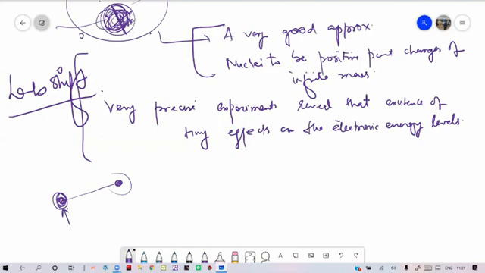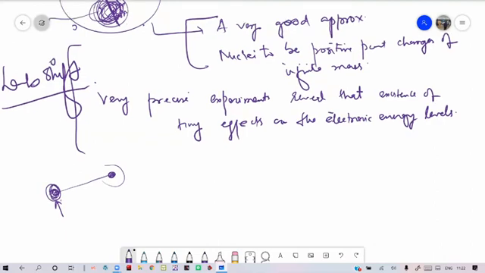Based on the magnitude, these are very small as compared to the fine structure perturbations. So this is one effect.